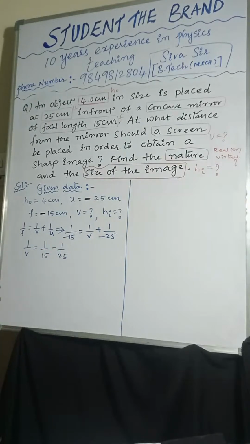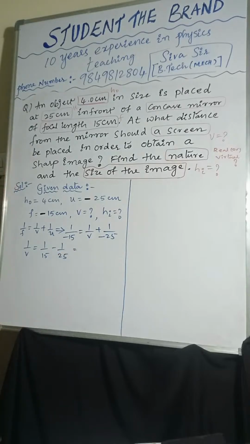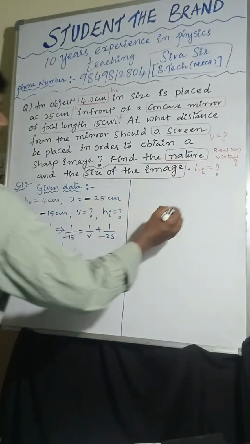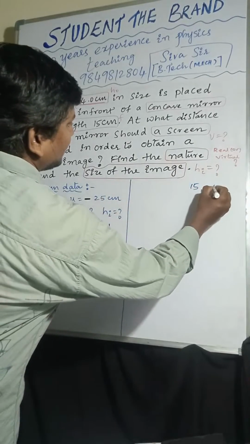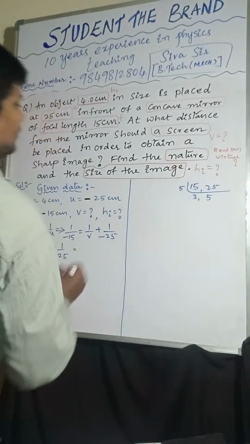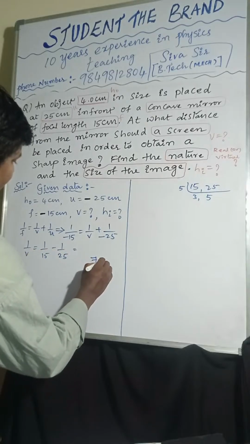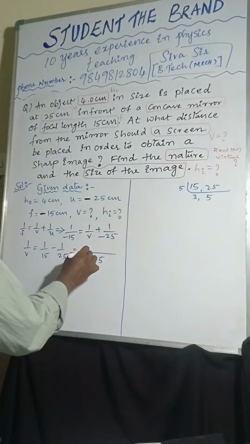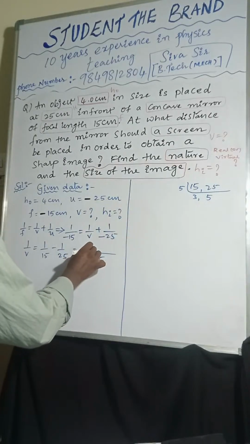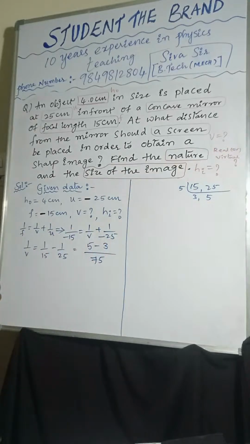So you can take the LCM. How much is the LCM of 15 and 25? I am doing it on the right side. 15 and 25: the LCM is 75. So 15 times 5 is 75, and 25 times 3 is 75.